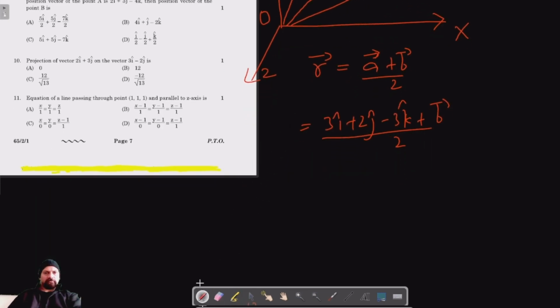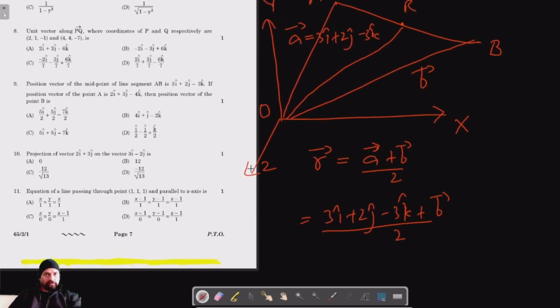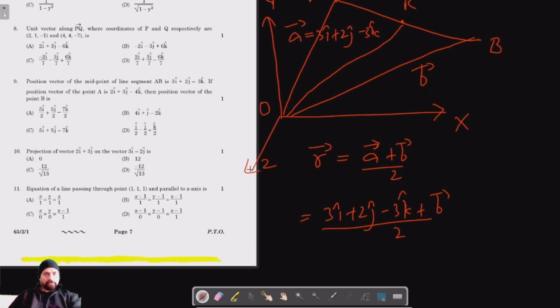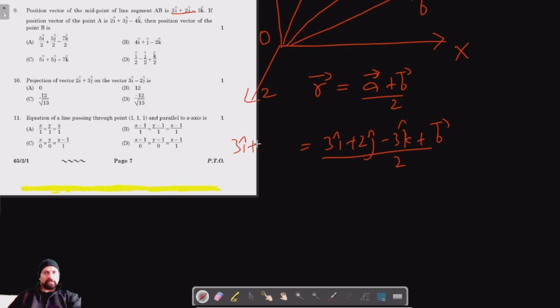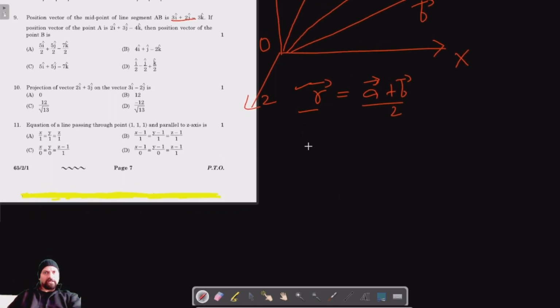The position vector of the midpoint, that is R, is 3i cap plus 2j cap minus 3k cap, and the A vector is 2i cap plus 3j cap minus 4k cap, plus B vector, divided by 2.